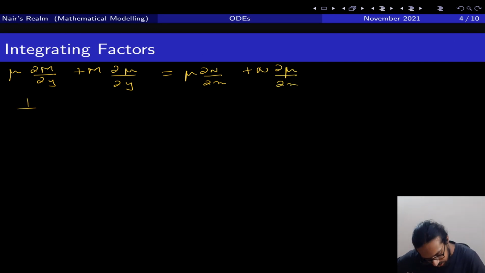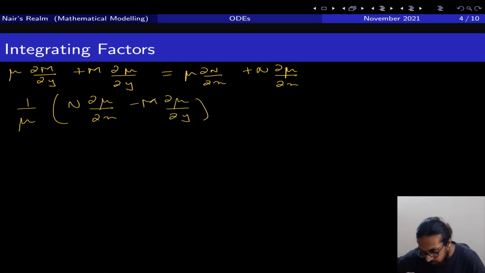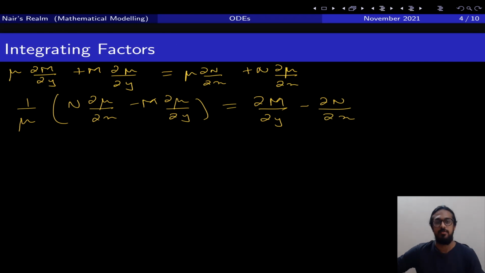Now if I were to rearrange this, I would get 1/μ times (N ∂μ/∂x minus M ∂μ/∂y) equal to ∂M/∂y minus ∂N/∂x. This is actually the condition which it reduces to.